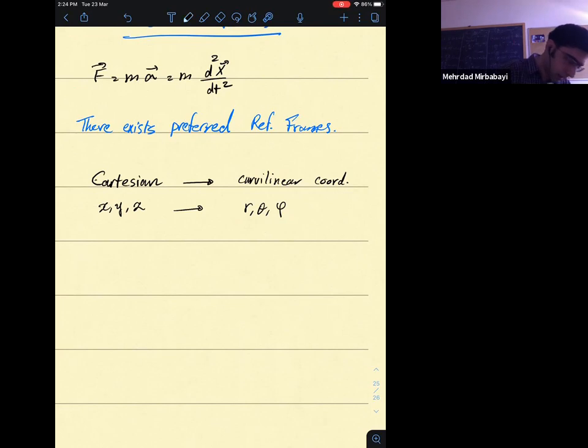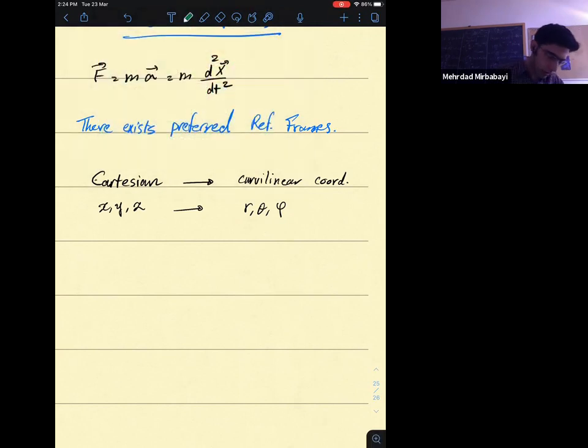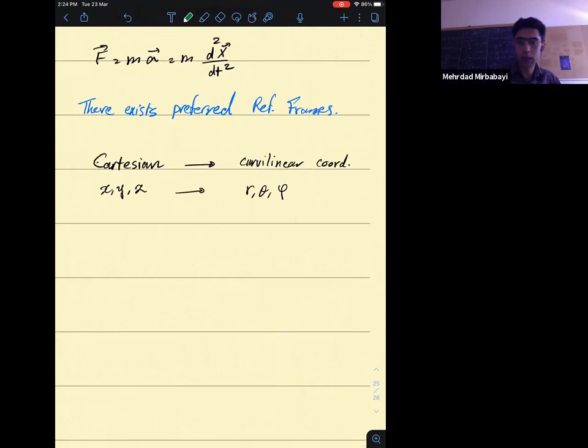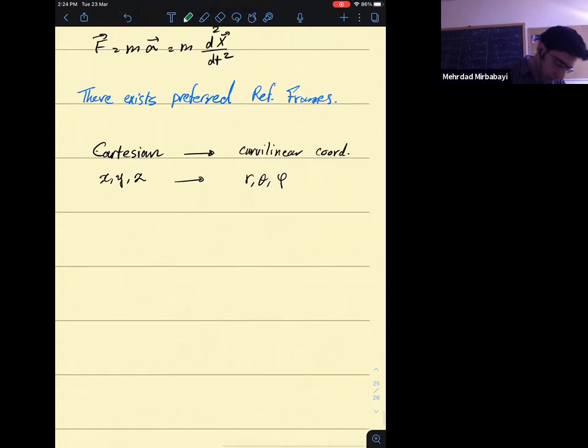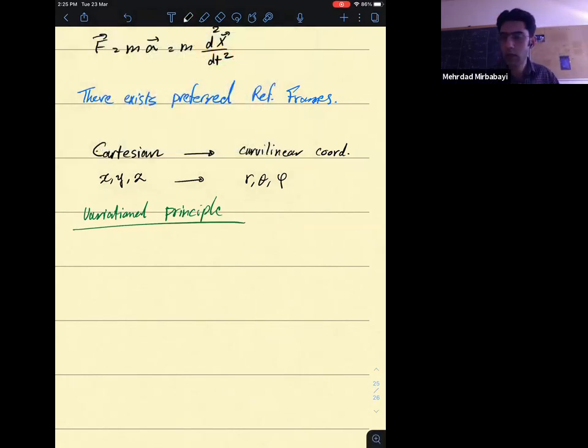But there is a perhaps more economical way of doing it, which is to use the variational principle and the Lagrangian formulation. If we use a variational principle, then there's a relatively simple recipe for finding the new laws of nature in general coordinates.